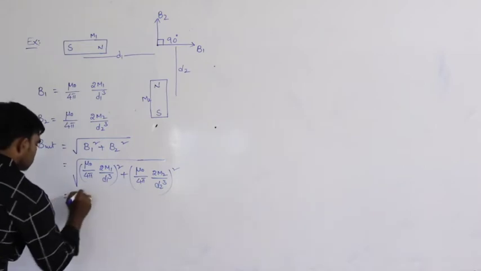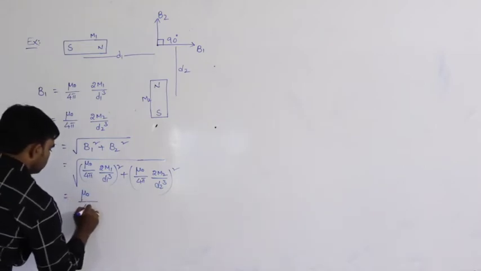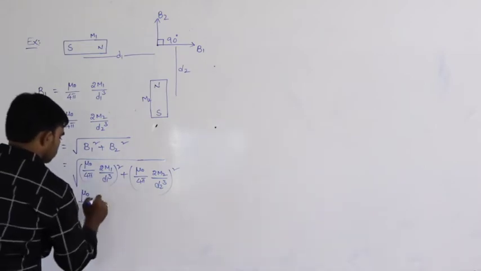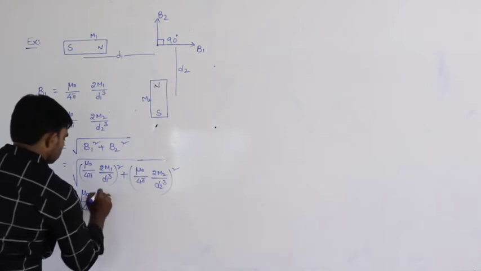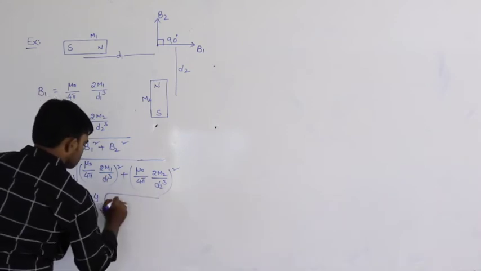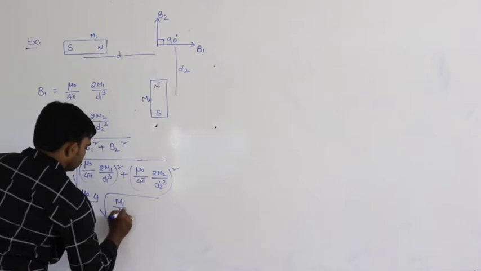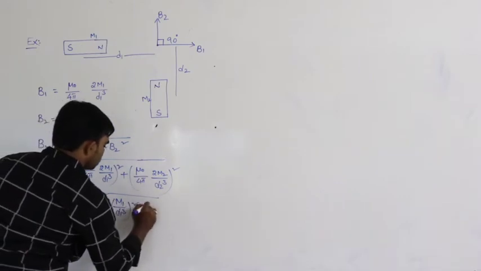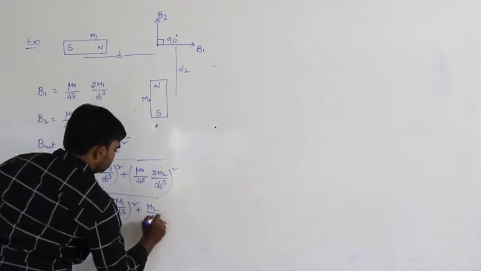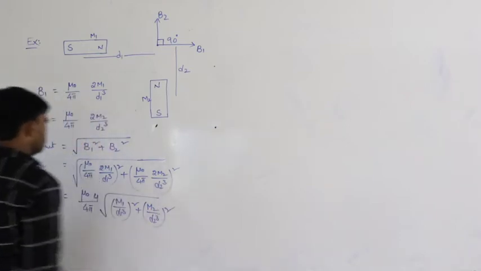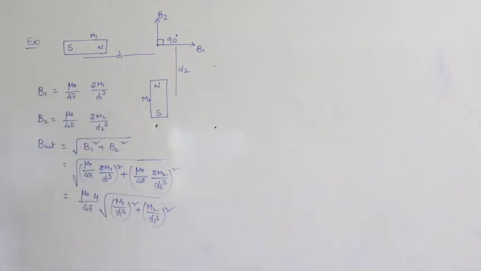From this, mu naught by 4 pi into 2 is also common, that is 4, which comes out of the root, and we get m1 by d1 cube whole square plus m2 by d2 cube whole square.